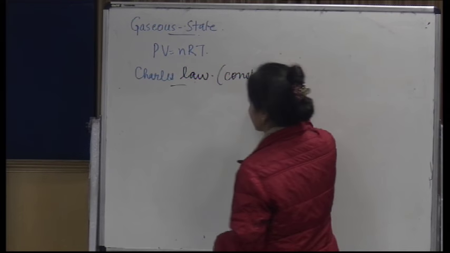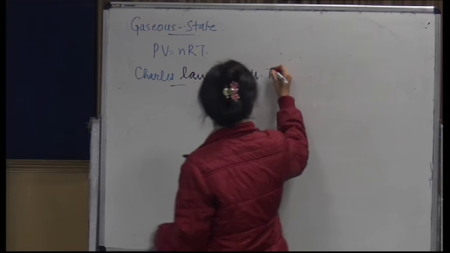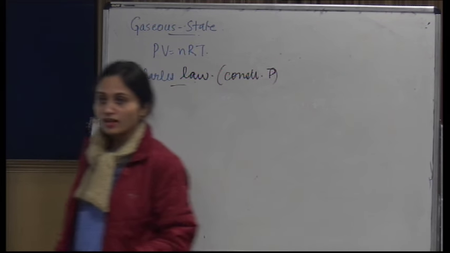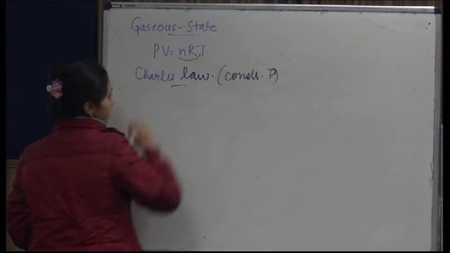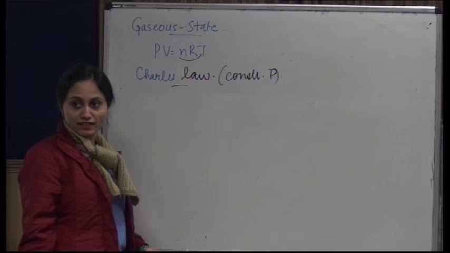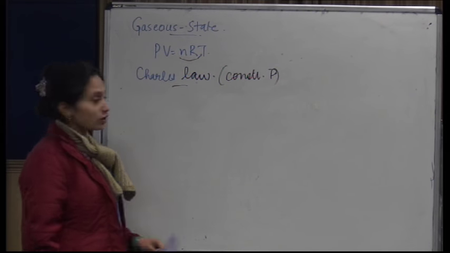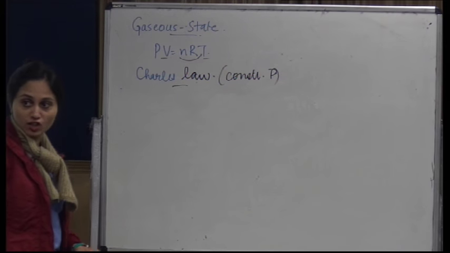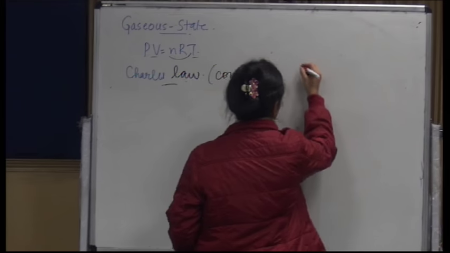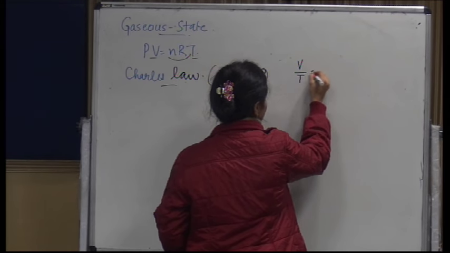For a fixed amount of gas, say 1 mole, your volume will be directly proportional to temperature. Remember that this means V by T is a constant.